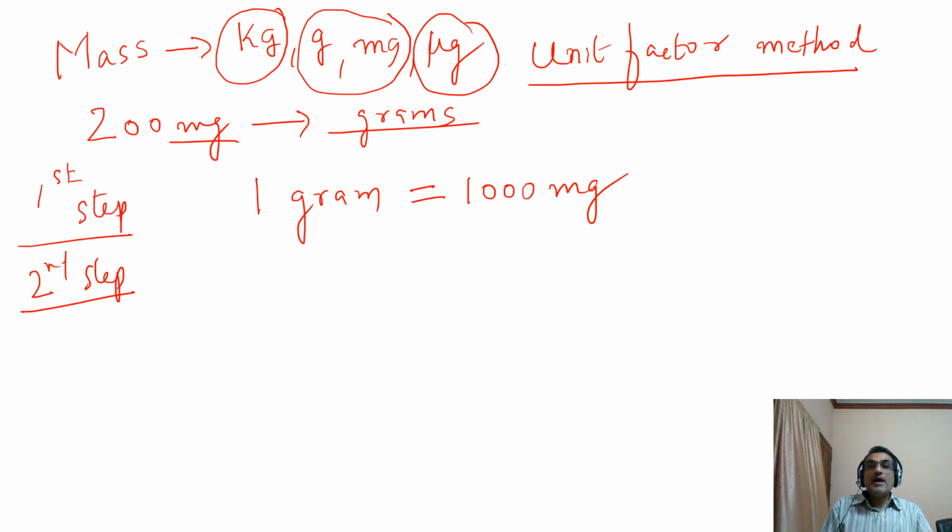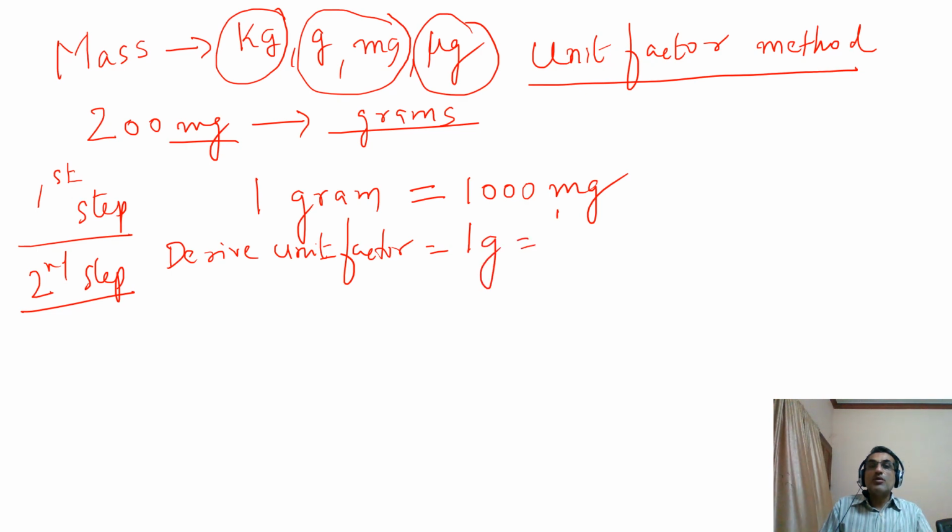That is, you have to derive the unit factor out of the above data. Two unit factors can be there. That is, 1 gram is equal to 1000 milligram, so 1000 milligram divided by 1 gram.